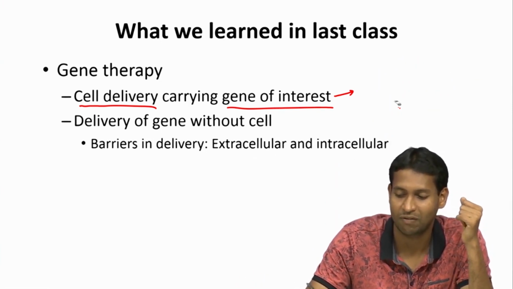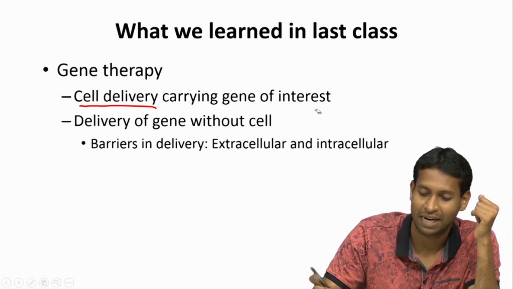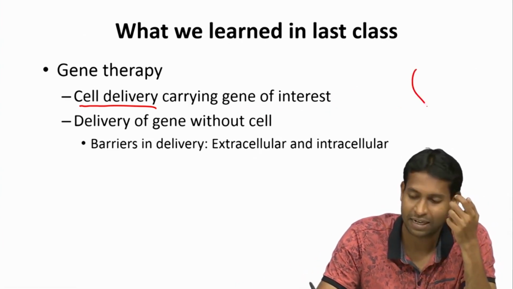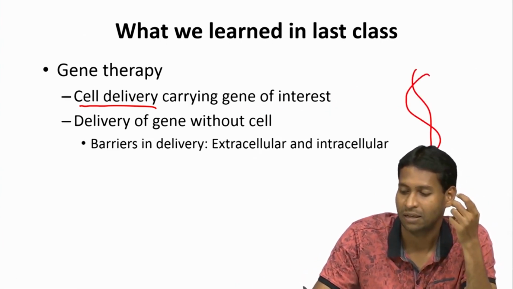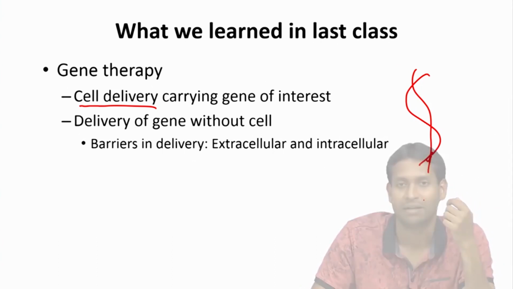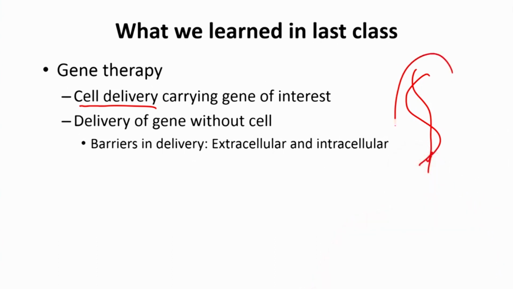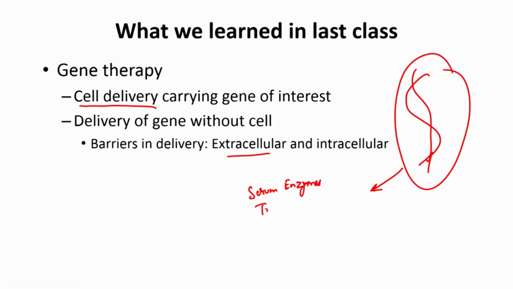Of course, it is all well and good to say that you can deliver a DNA, but the delivery of the DNA has several challenges. First of all, there are several extracellular barriers. Your serum contains lots of enzymes that can degrade it. It is hard for it to target the organ that you want.